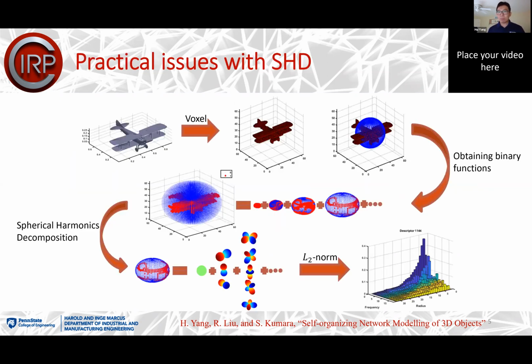So, but there are some practical issues with the traditional approach. For example, the spherical harmonics decomposition. So we have a 3D design like an L plane right here, and we can discretize and become voxels. And then the traditional SHD, spherical harmonics decomposition, they use concentric circles or the balls, and they try to use different radius and then check the intersections and then calculate the harmonics.